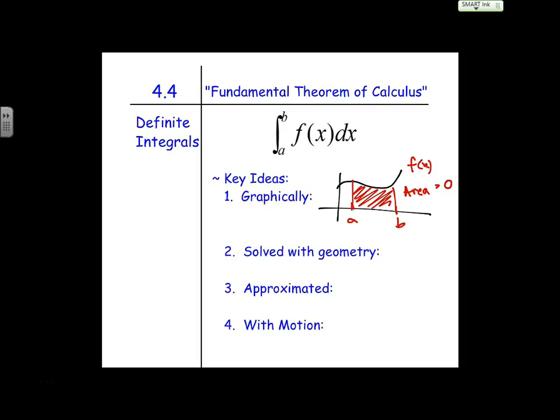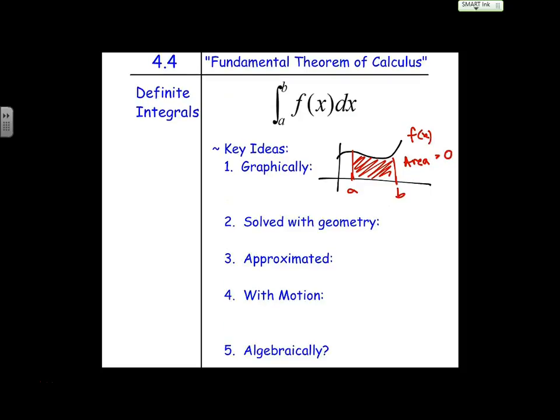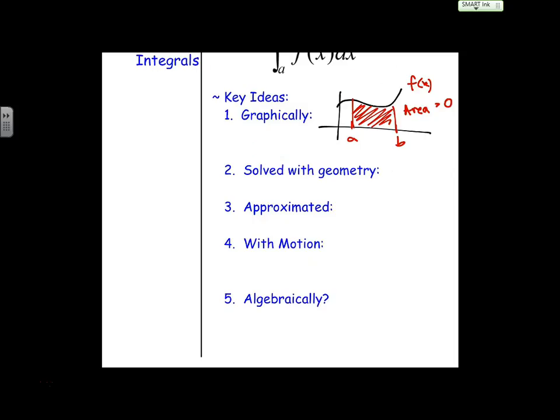Quick thing for you guys. We haven't practiced that a lot. Solved with geometry. When? Well, we can only solve with geometry when there's shapes that we know, right?